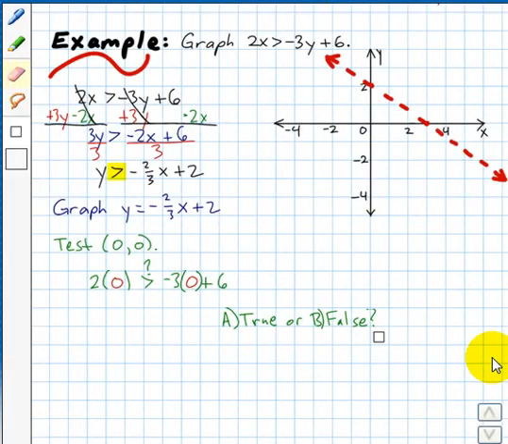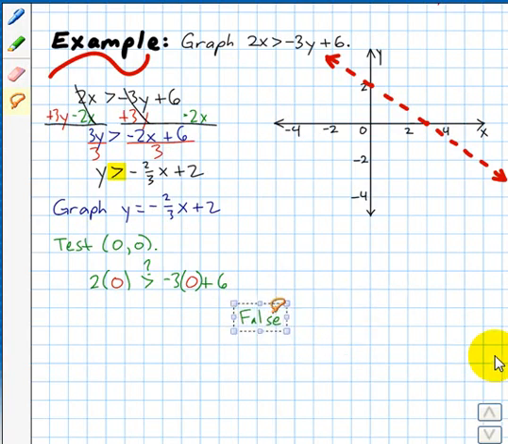That's right. Okay, you chose correctly. This inequality is false, because when you simplify the 2 sides, you get 0 on the left and 6 on the right. 0 is greater than 6 is a false statement.